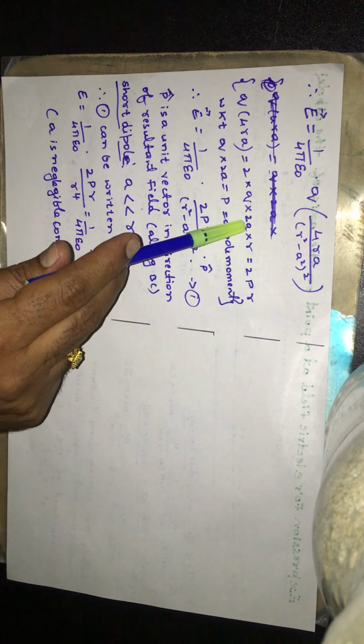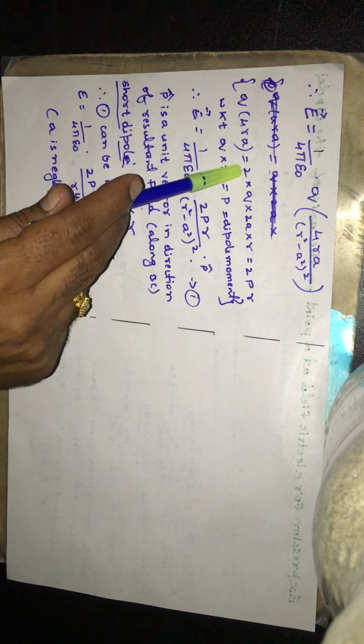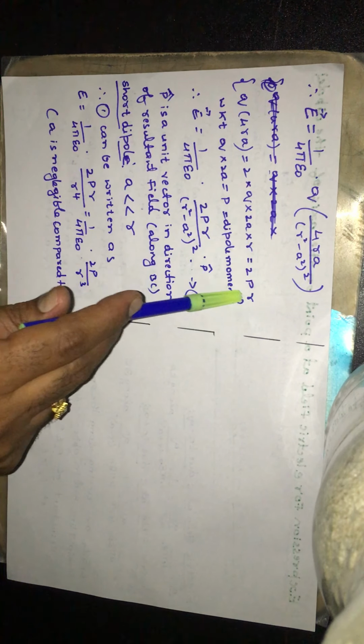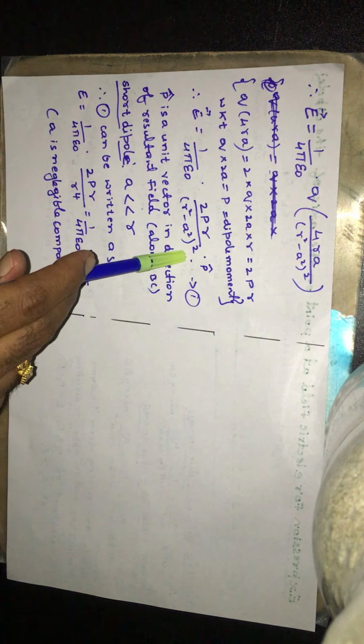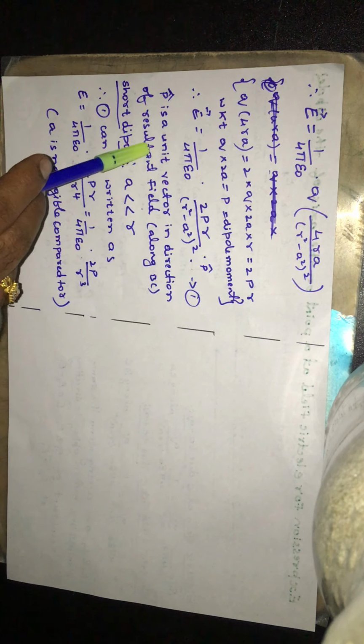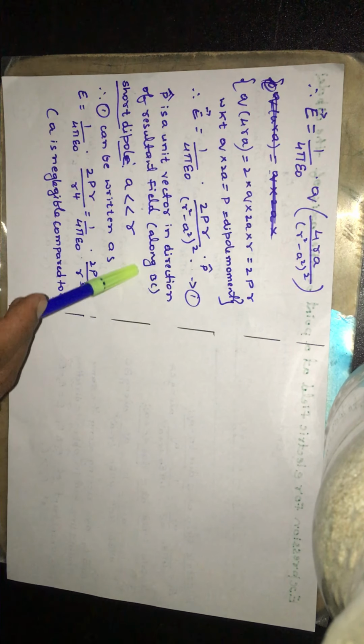Because Q into 2A is nothing but the dipole moment P. So it is 2P into R. So E is 1 by 4 pi epsilon naught into 2PR divided by (R square minus A square) the whole square into P cap, where P cap is a unit vector in the direction of the resultant field. The resultant field is that of greater intensity among E1 and E2, which is E2, that is along BC.